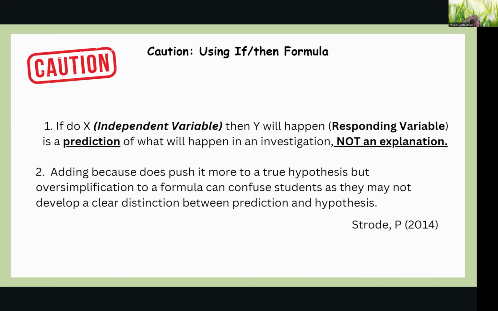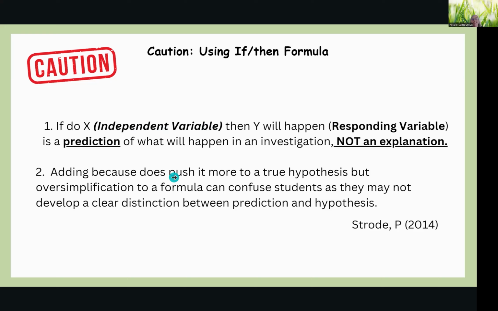The literature and research about teaching hypothesis cautions against what I think our secondary colleagues might use, which is the if-then formula, because if-then is a prediction. So if I add nitrogen to the soil, then, the responding variable, what we observe, is a prediction.